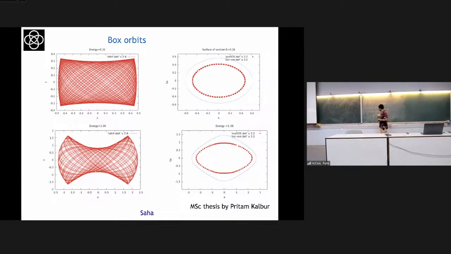We can substitute p_R equals R dot, so it's R double dot, and then one can write this in terms of some kind of effective potential. Because p_phi is like L_z, it is L_z squared by R cube. So one can write the two equations from here.